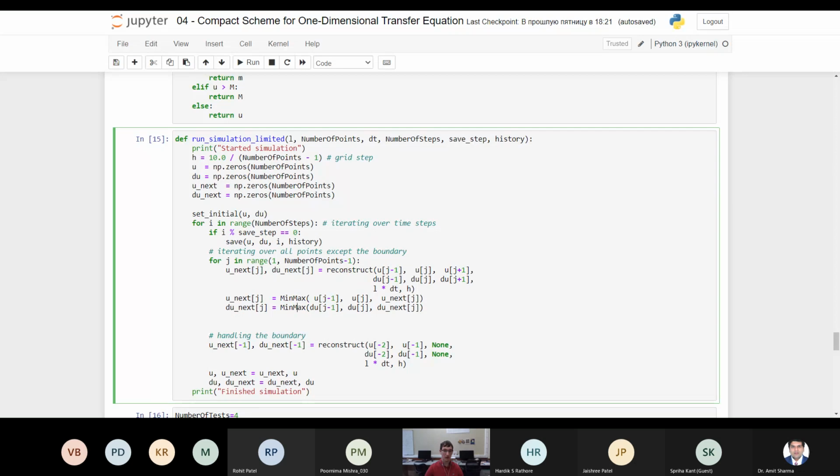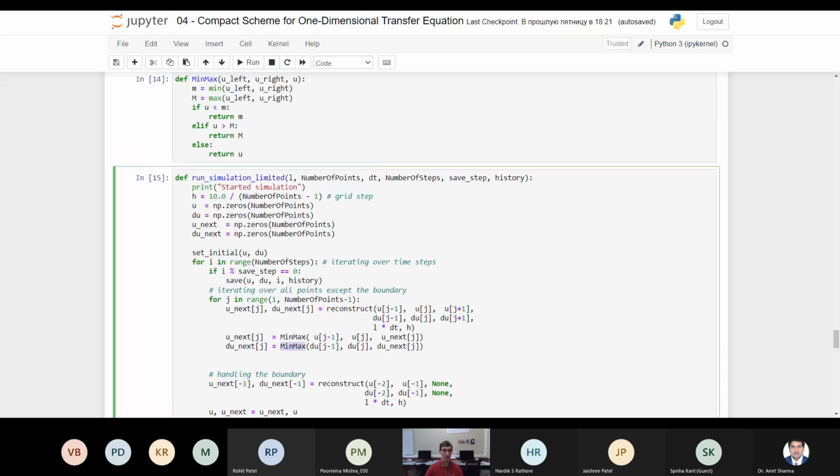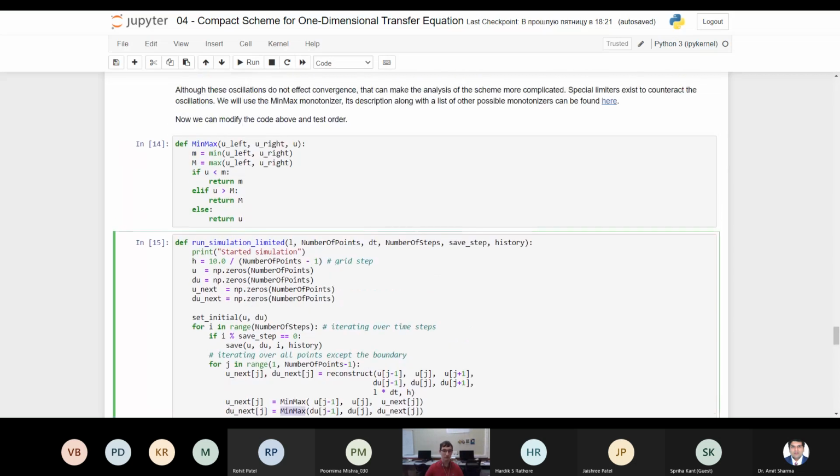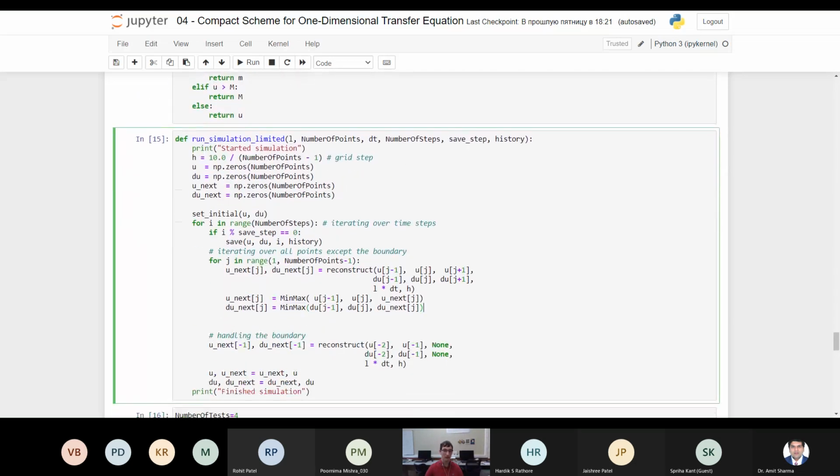So here in these lines, we fill the values on the next time step by a straightforward interpolation by the compact scheme of the third order. And here we make sure that if at some points the interpolated values are less than minimum or greater than maximum, then this function will correct them here and return the limited values.